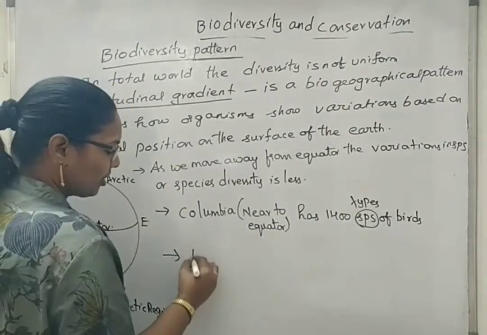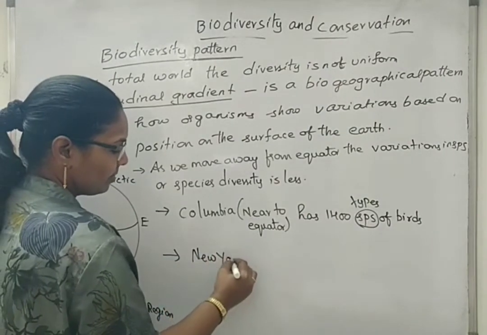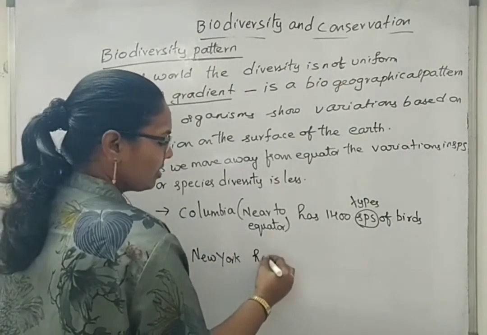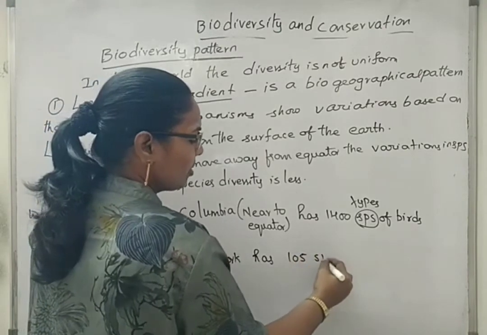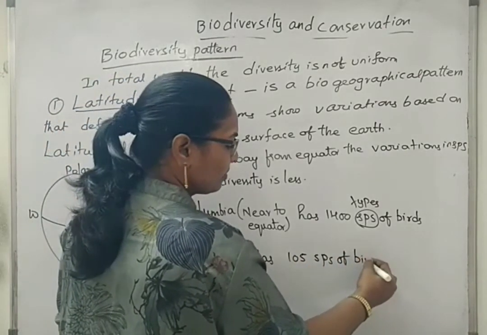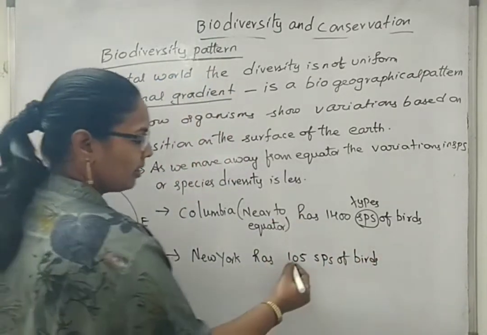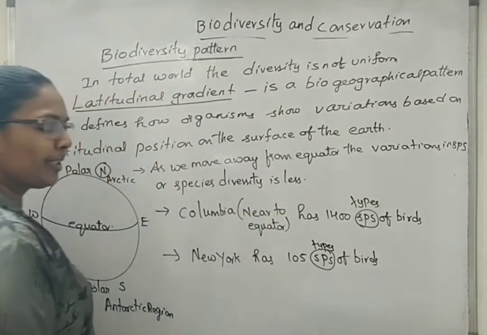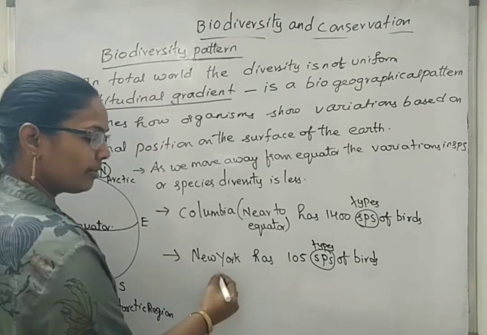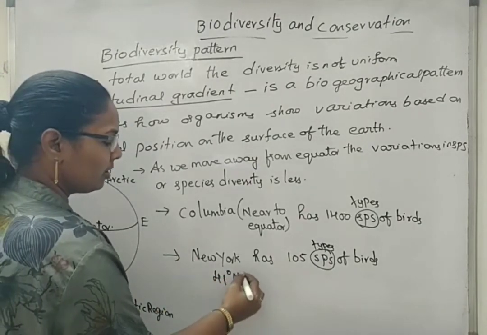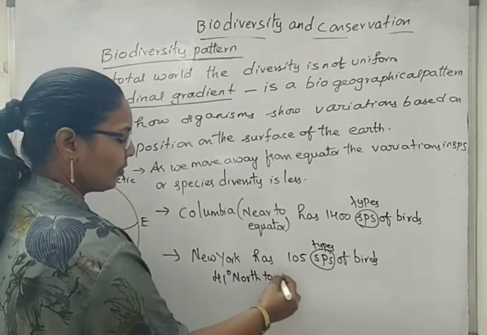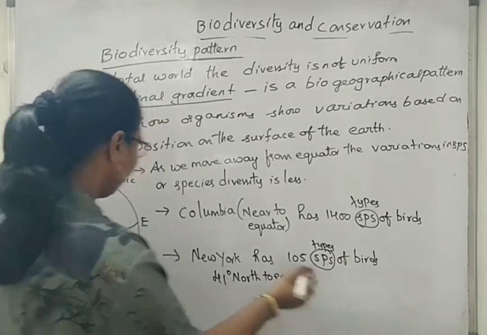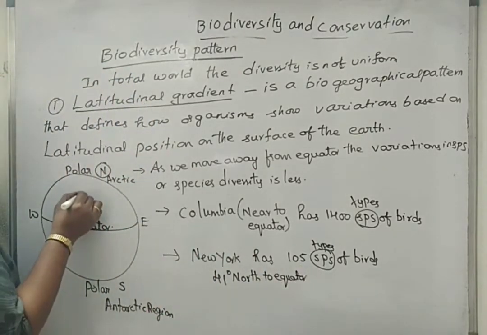Next, New York. New York has 105 species of birds. Again, not the number, but the types of species. New York is 41 degrees north of the equator, meaning we are moving towards the Arctic region, towards the north.